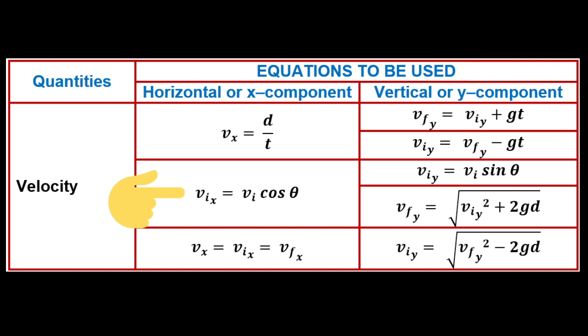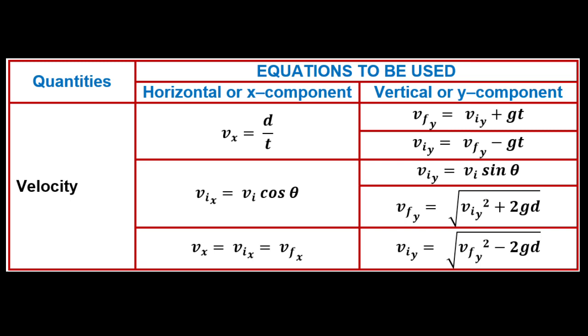The Vix here indicates the horizontal component of the initial velocity once the object is launched at a certain angle from the horizontal. And the third one is Vx is equal to Vix is equal to Vfx, considering that the horizontal velocity is constant. Therefore, the initial velocity and the final velocity are equal.